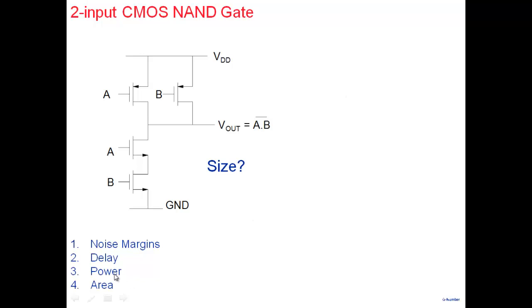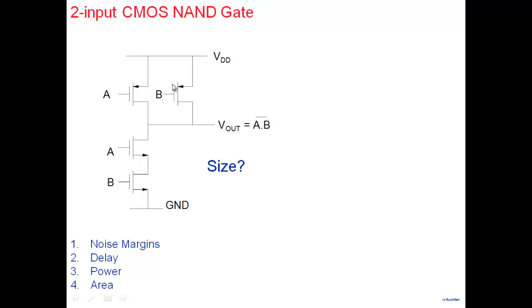The power dissipated in this particular NAND gate also depends on the net capacitance at this node, because it's the capacitance which is switching on and off. So the power depends partly on this and partly on the load. Now, if you want to minimize the power, obviously you'll like to minimize the net capacitance at this particular node here. And for that reason, you should try and use the minimum sizes of transistors so that the nodal capacitance here becomes small.